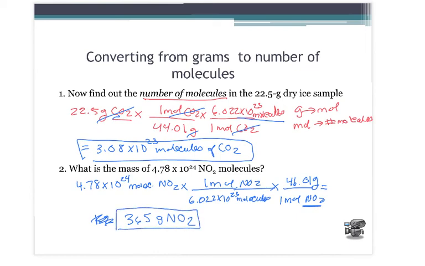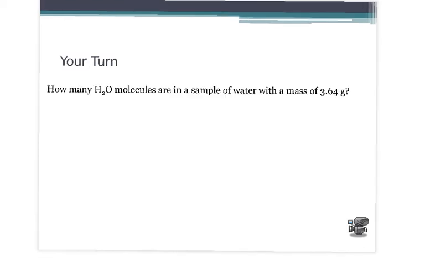And this number makes sense because it makes sense to have 365 grams of something. Go ahead and give this a try. How many H2O or water molecules are in a sample of water with a mass of 3.64 grams? And then replay this video to see if we got the correct answer.